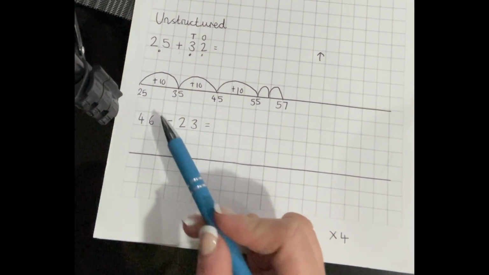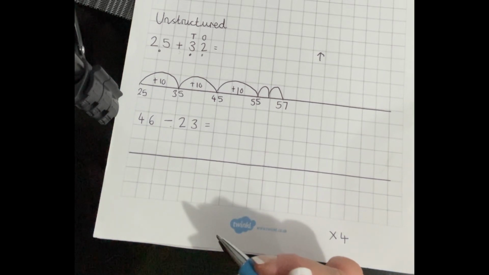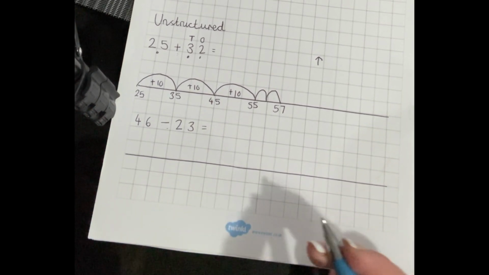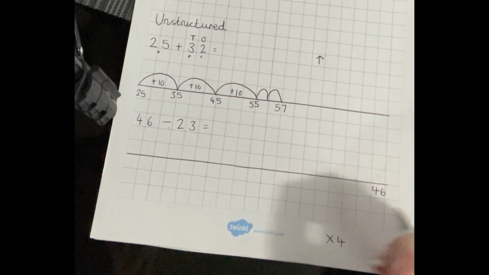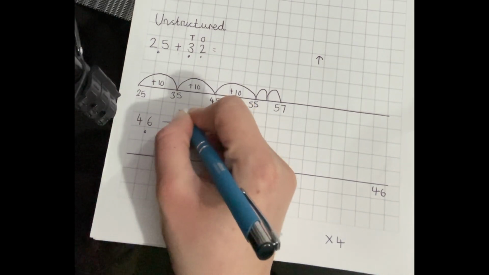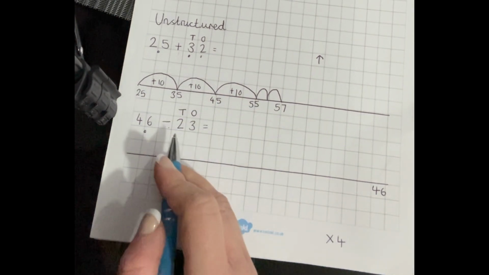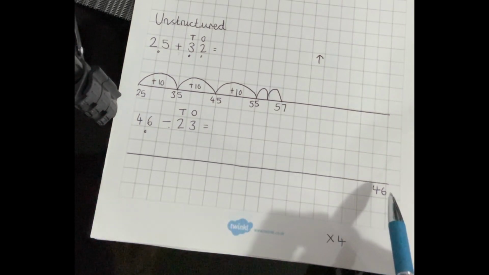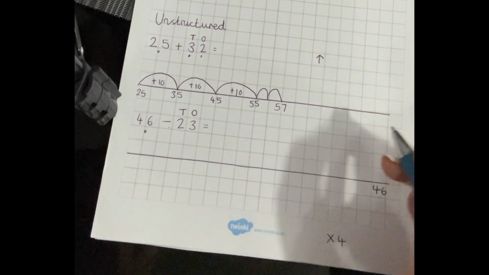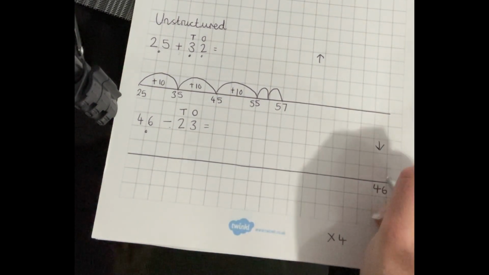Now we're going to have a little look at subtraction on the unstructured number line. This time we don't start at the beginning of the number line, we start at the end of the number line. So we start with the first number, and just like addition, we jump the tens and then we jump the ones. So I've got 2 ten jumps, and instead of jumping up the number line and getting bigger, I'm going to jump down the number line as my answer is smaller.